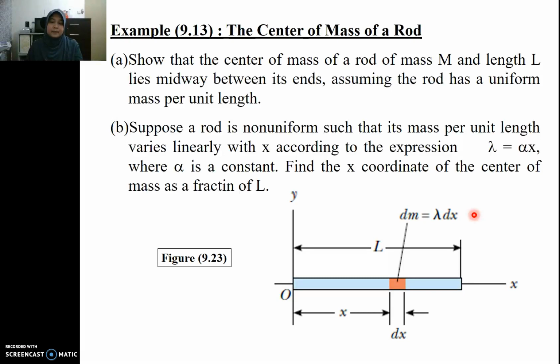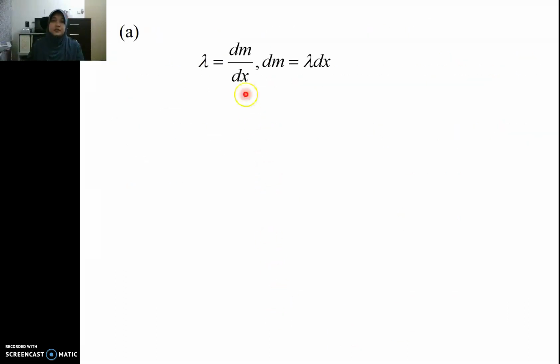This dm has a length dx, and it is at a distance x from the axis. We use the formula lambda equals dm per dx, so from there we find dm equals lambda dx.